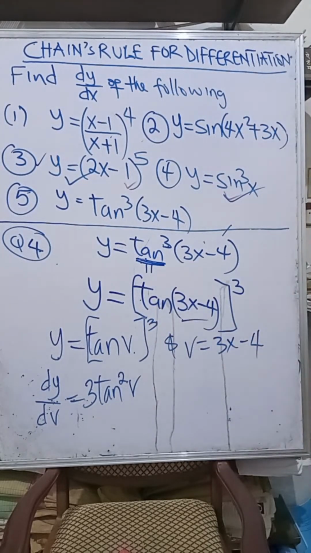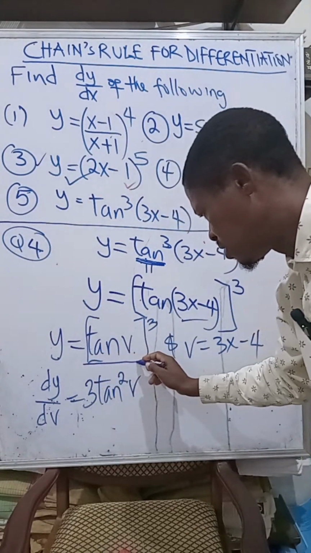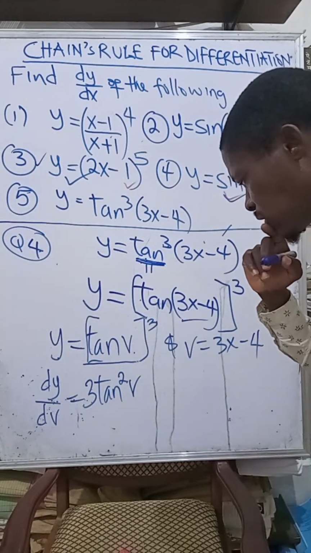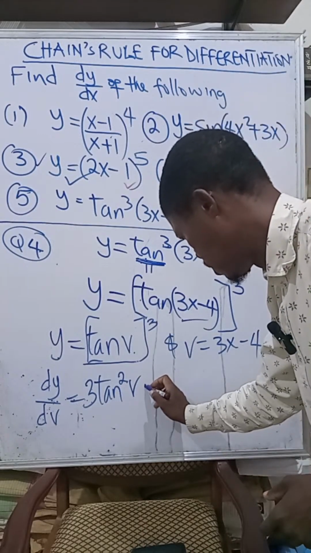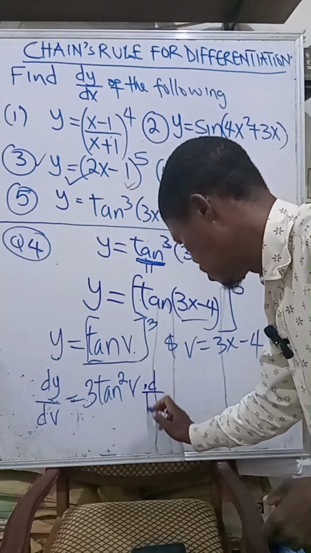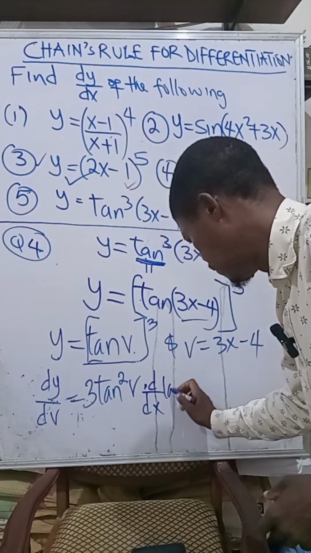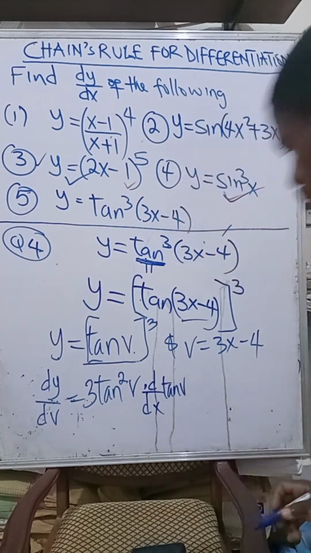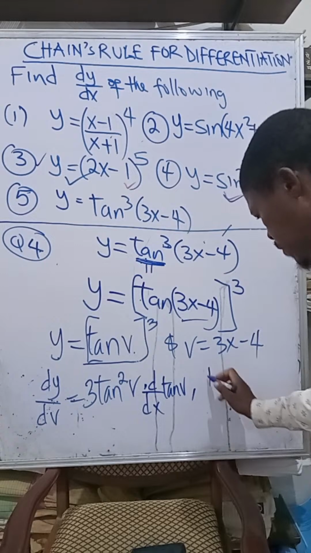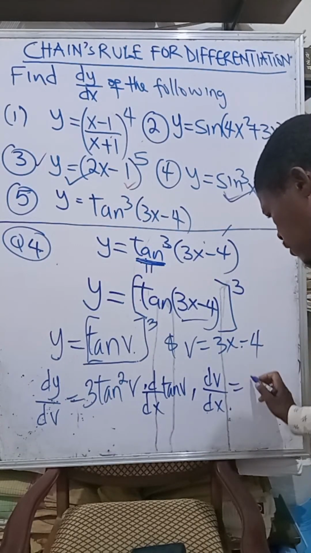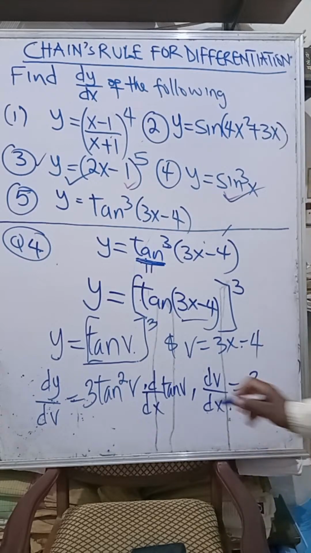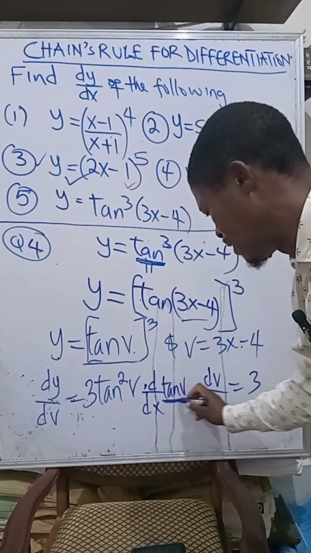And again, this is a chain rule, and then times the derivative of that base, tan v. The v is a function of x, so dv/dx is 3, and the derivative of tan is sec squared.